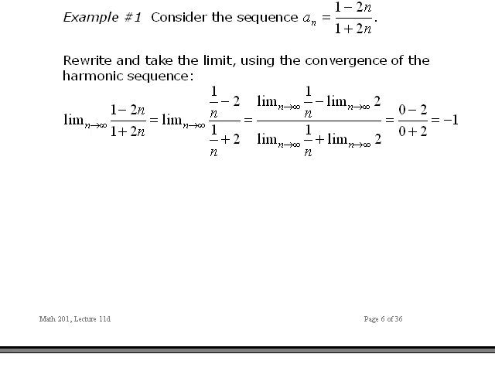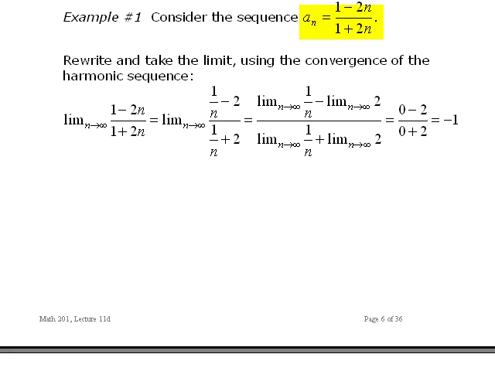Here's an example of the use of the results for the p sequence. Let's say we want to investigate this particular sequence: a_n equals 1 minus 2n over 1 plus 2n. Let's do an algebraic rewrite of the sequence as we take the limit, and use the results for the convergence of the p sequence. I'm going to divide numerator and denominator by n.